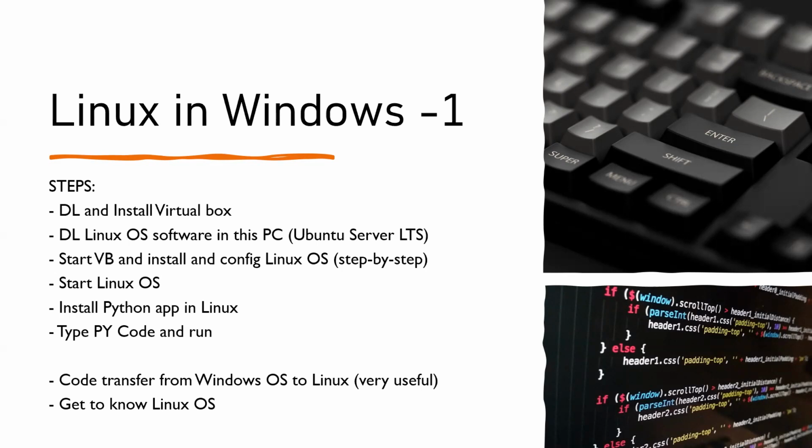And then I will download Linux operating system in the download folder. After that, I will start the VirtualBox, and from the VirtualBox, I will install Linux operating system. And then I will start Linux operating system from VirtualBox. Once you can run Linux, we can try to learn Python code there, right?